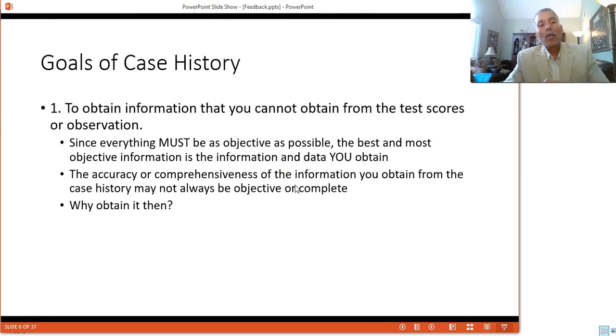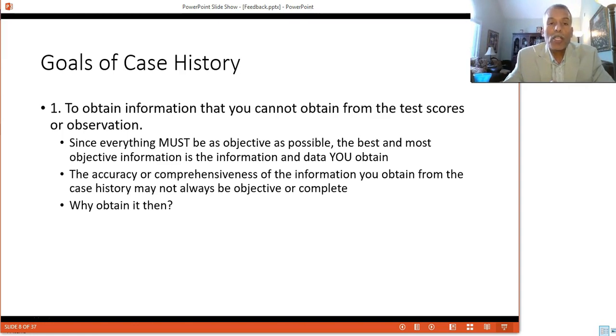Now, when we speak about case history, it is not a diagnostic tool. The purpose of case history is to provide you with information that you yourself cannot obtain. Specific information about scores, about what sounds a child can say and what sounds a child cannot say, and so on, these are your areas.